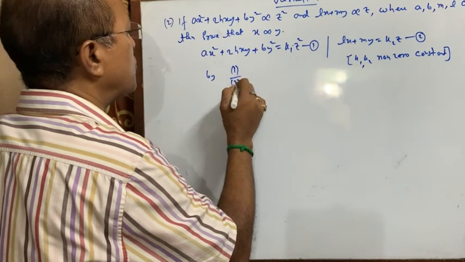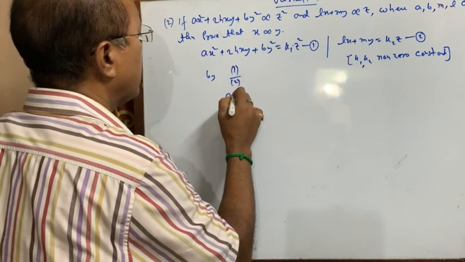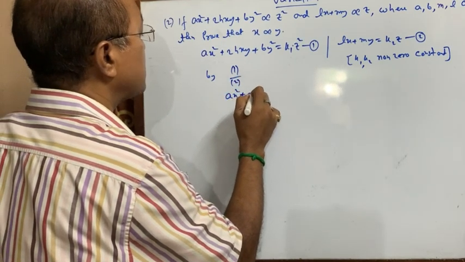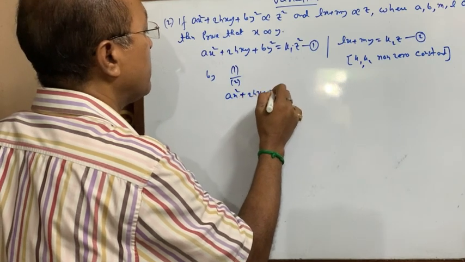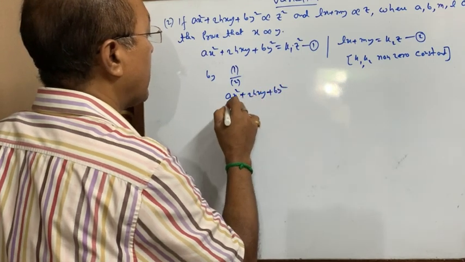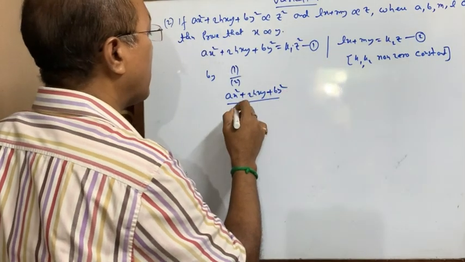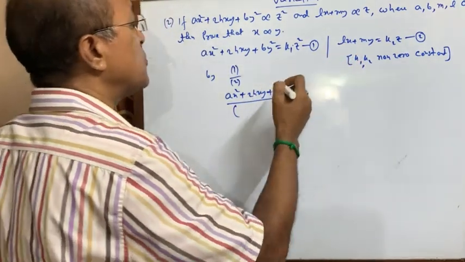By 1 by 2 we can do one thing. Ax square plus 2hxy plus by square, here you can write this one is 2.